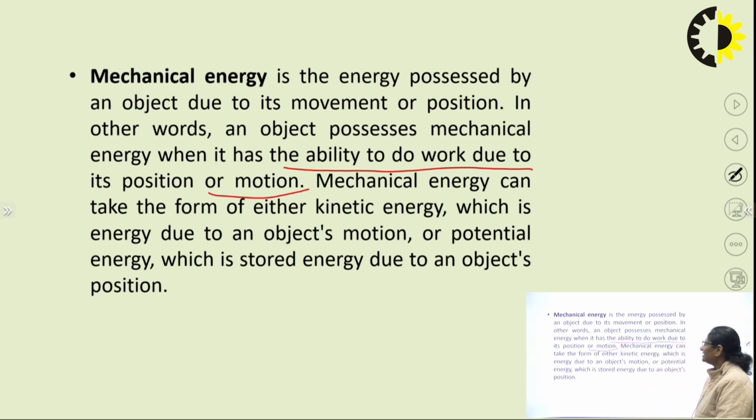The mechanical energy takes the form of either kinetic energy, which is the energy due to movement of the object, or the potential energy, which is the stored energy due to the object's position.